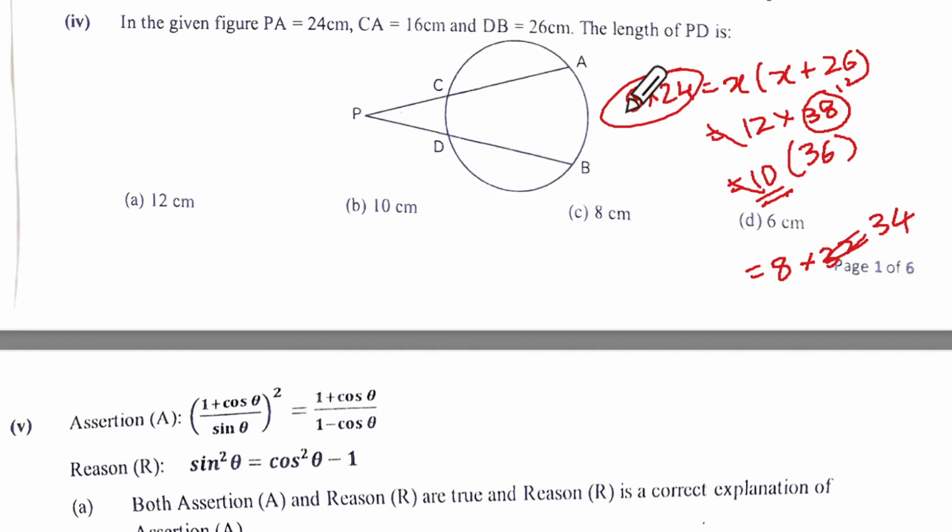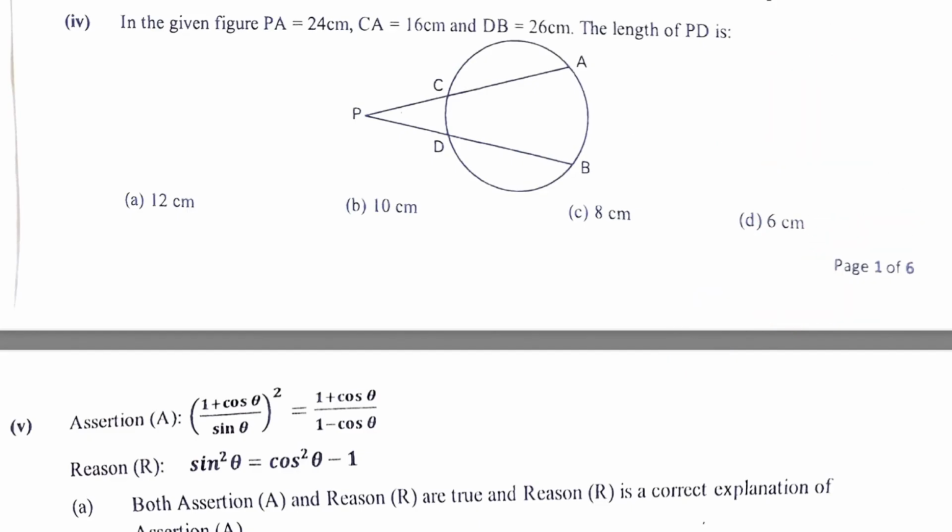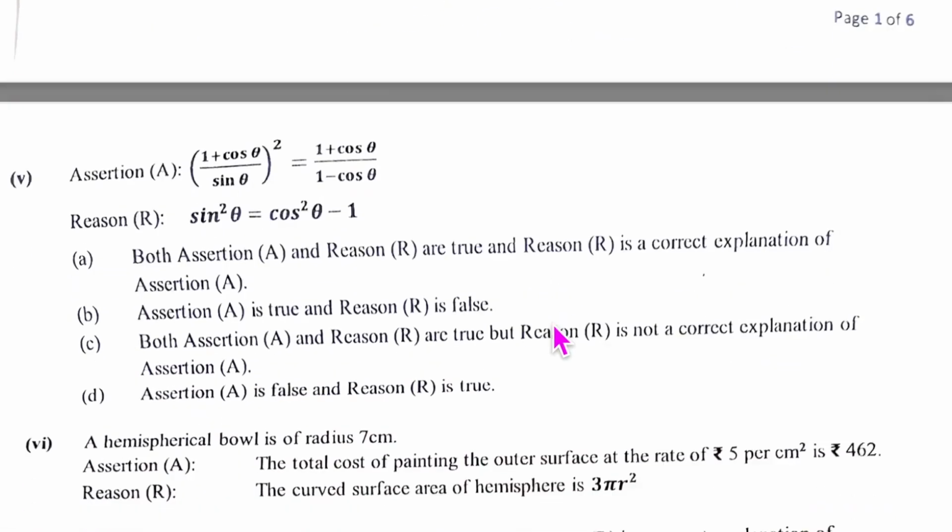Can you see 24 is not equal to 34. Understanding? I think this was going a little quicker, right? 6 into 32. So you'll have 8 into 24 is doable. 6 fours are 24 here and 8 fours are 32 equal to 32. Okay, so option D. This method was a better and quicker method of doing it.